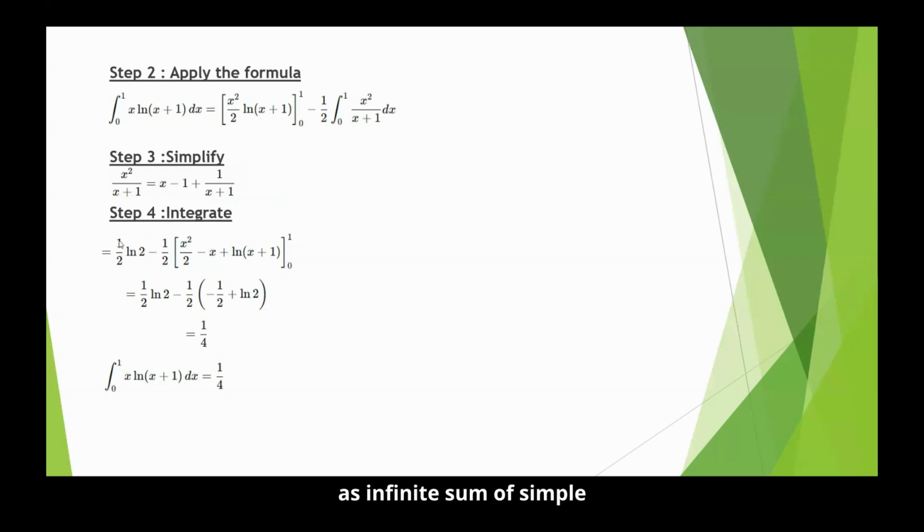After we integrate this, it will look like this. And this one comes from here. Then we just substitute the 1 into the x, minus the 0 substituted into the x. So the final answer will be 1 over 4.